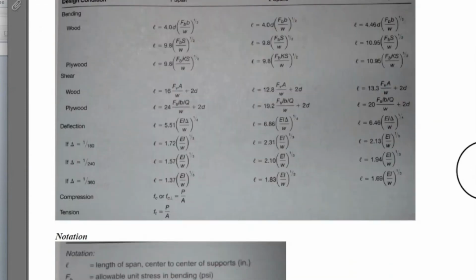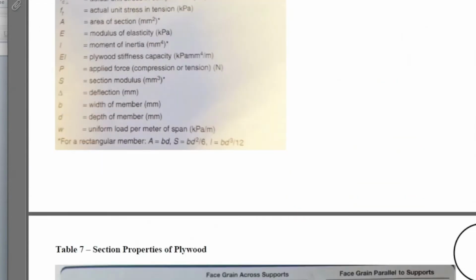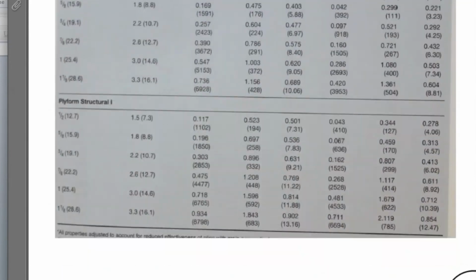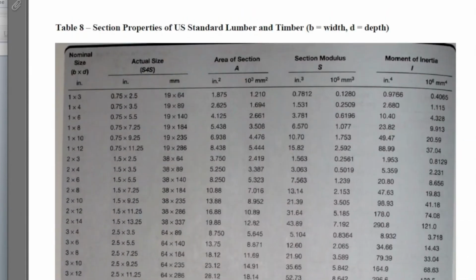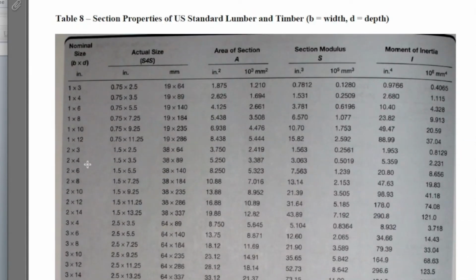And then further, when we're looking at the properties of these for a 2x4, here's our actual size, the nominal size, area, section modulus, moment of inertia, is all in this chart.